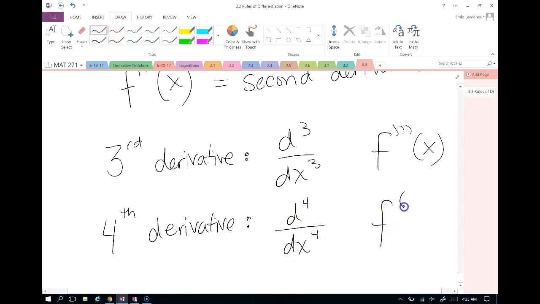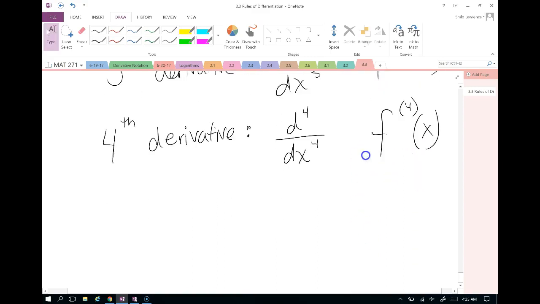So once we get to fourth derivative, we just start putting what derivative it is. We put it in parentheses so that it's not mistaken for an exponent. So f parentheses 4 of x means fourth derivative. Fifth derivative, like I just said, this notation's never going to change. All we have to do is keep increasing that number. But with the f notation, we would have f parentheses 5 of x, f parentheses 6 of x for sixth derivative.